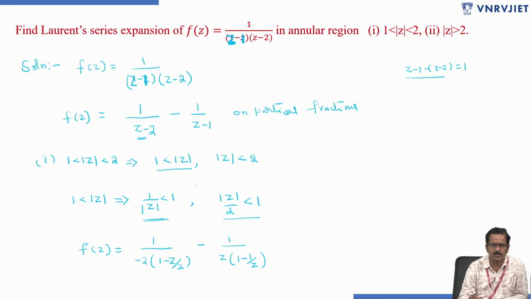So please correct the question accordingly and proceed. Even with 1 minus z also no issue, we can do it accordingly. But by mistake I have taken z minus 1 instead of 1 minus z. So please change the question and proceed with the solution.